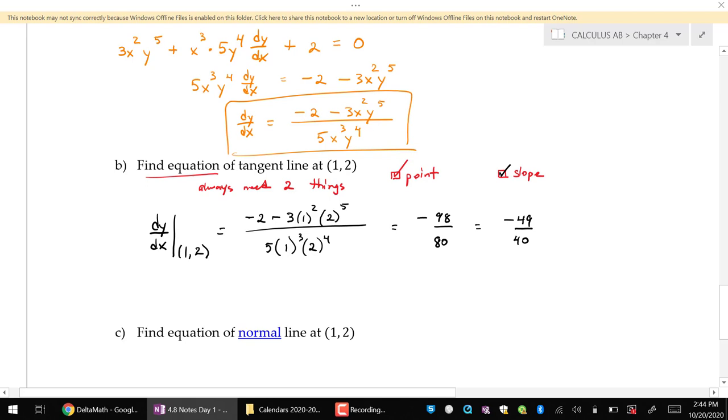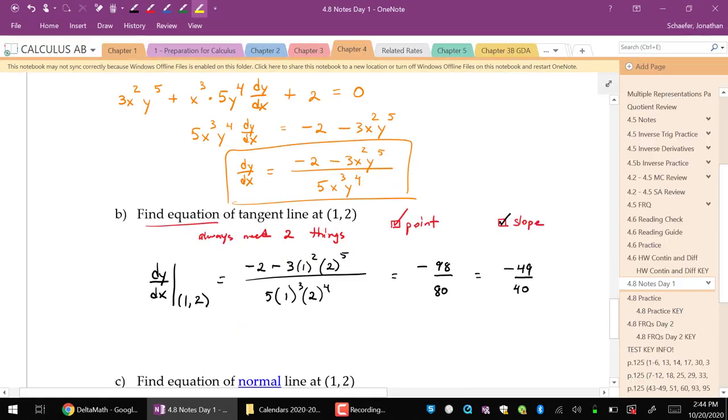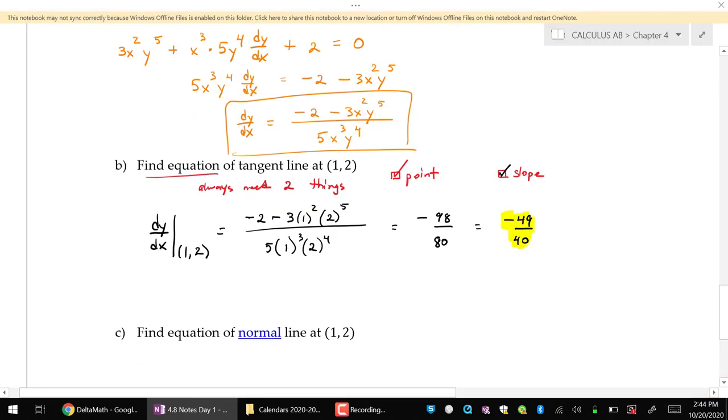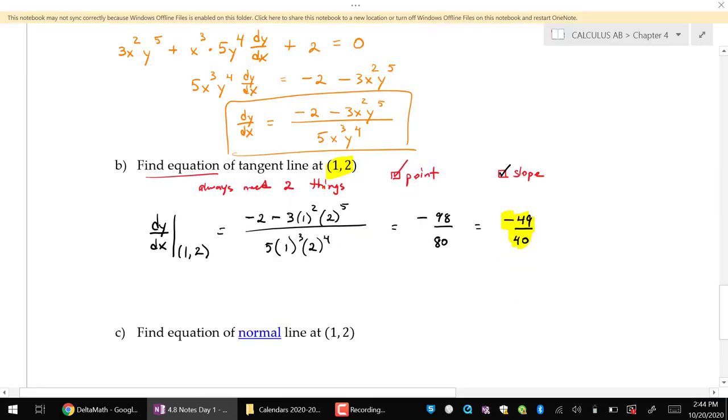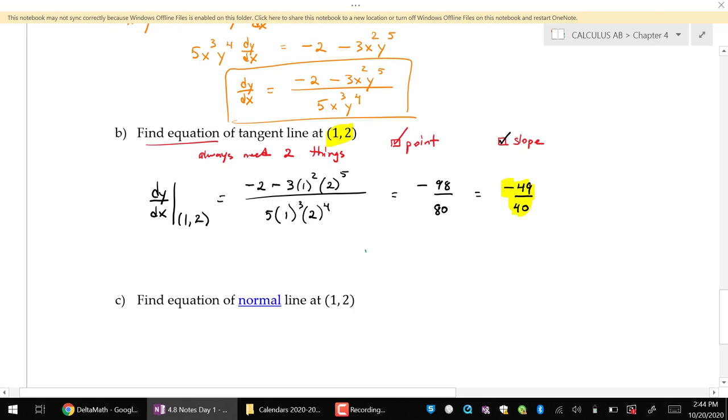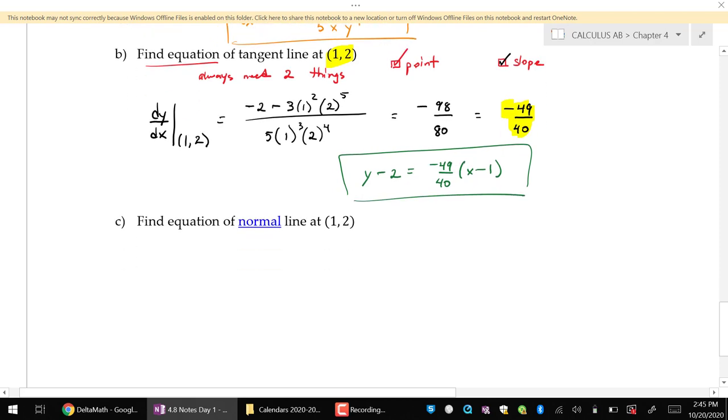There's my slope. So take the slope, take the point, and let's write our equation in point slope form. So y minus 2 equals the slope m times x minus 1. There's the equation of the tangent line. And finally, what about the equation of the normal line at 1, 2?